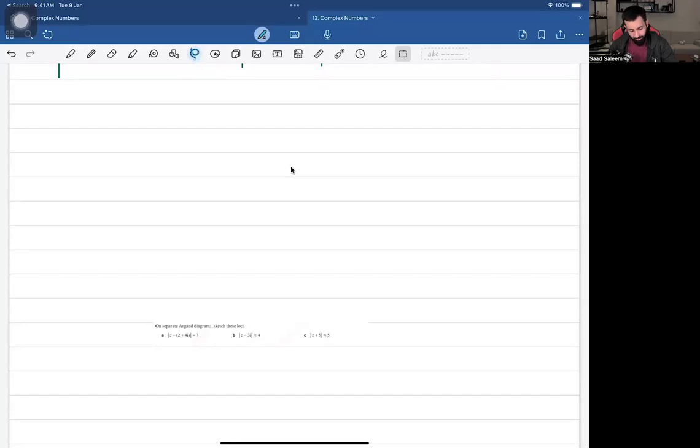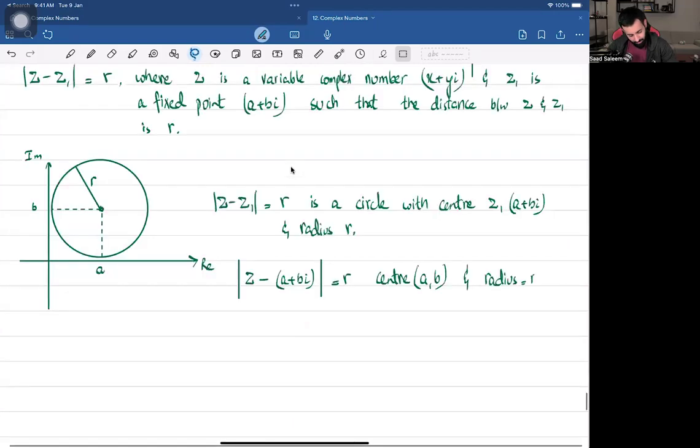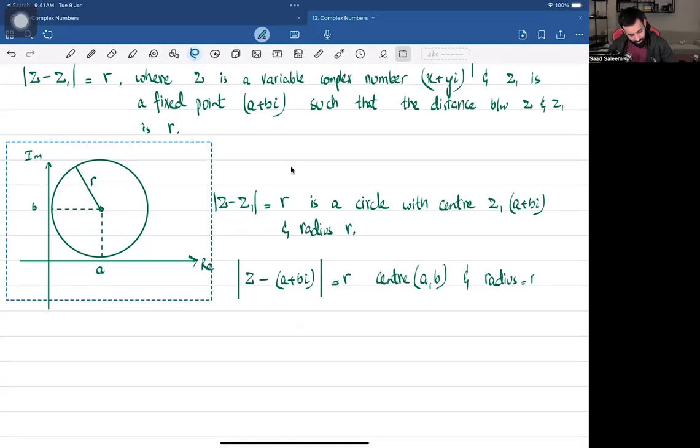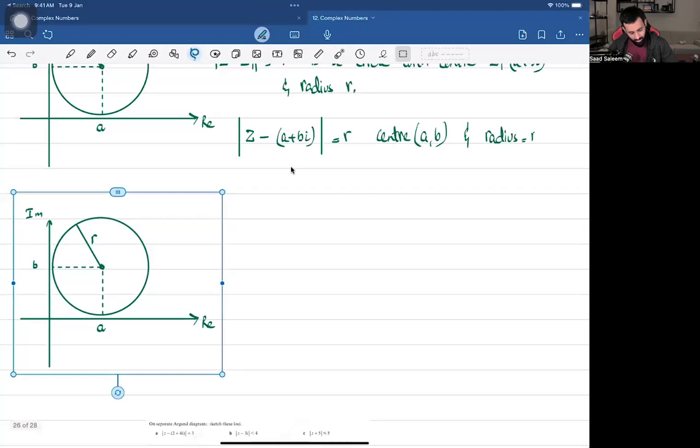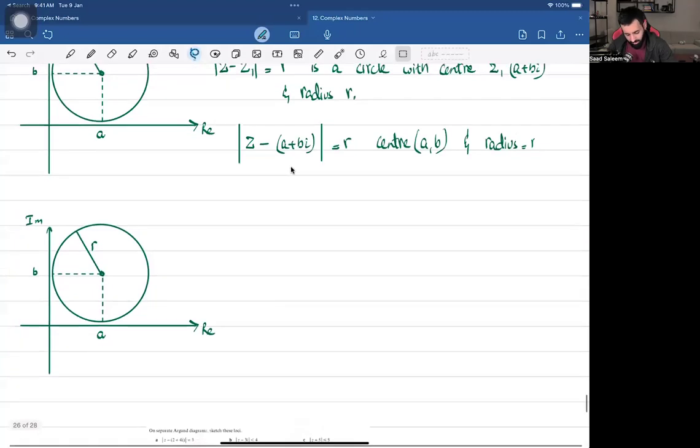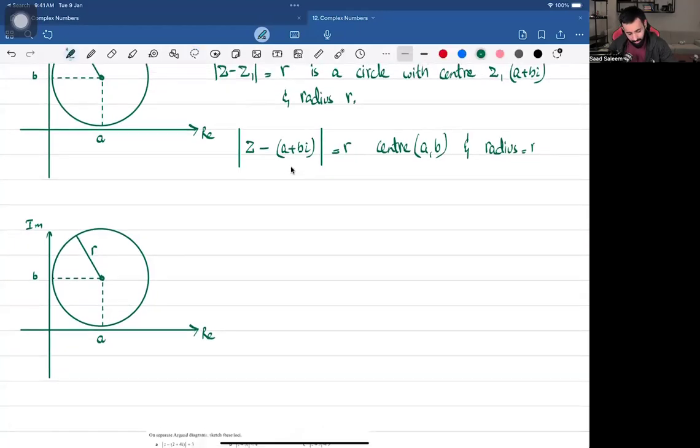Let's duplicate this. If the question says to shade and identify the locus of points such that |z - z1| is greater than or equal to r, this means greater than or equal to r.